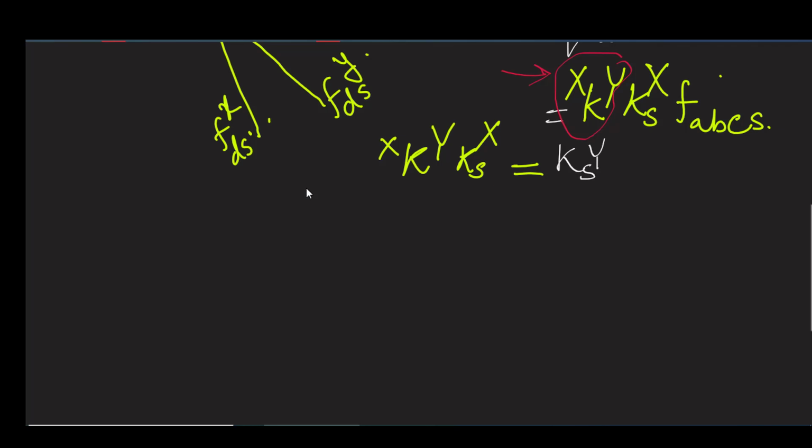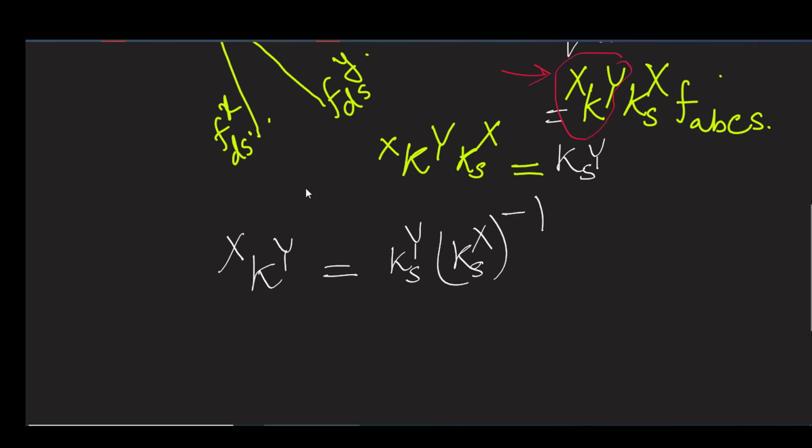So the obvious thing that follows is that xky, we can post multiply both sides by ksx inverse, and that gives us ksy ksx inverse.